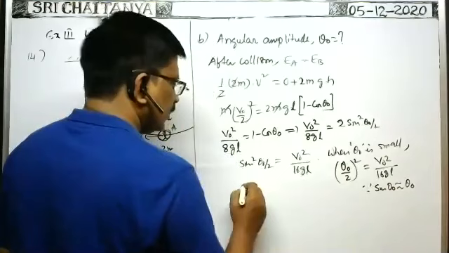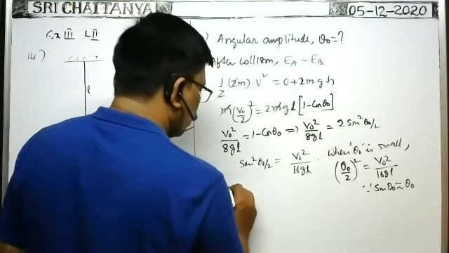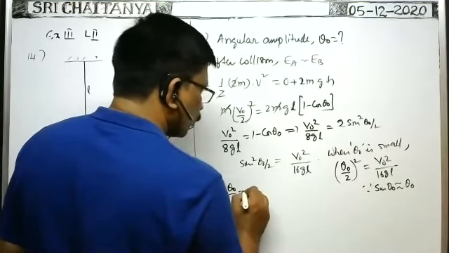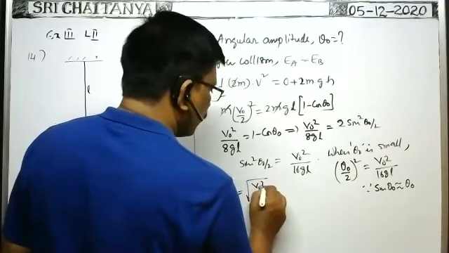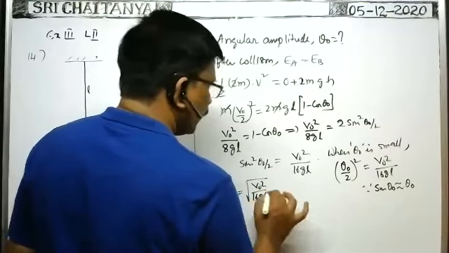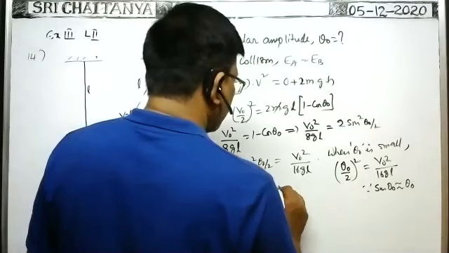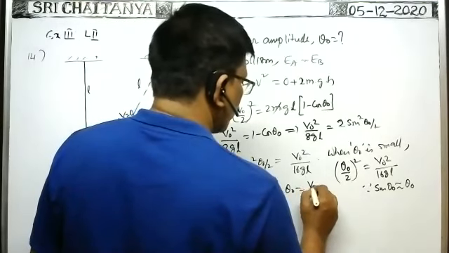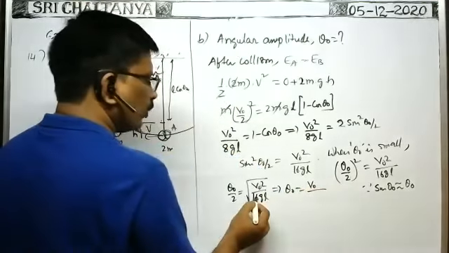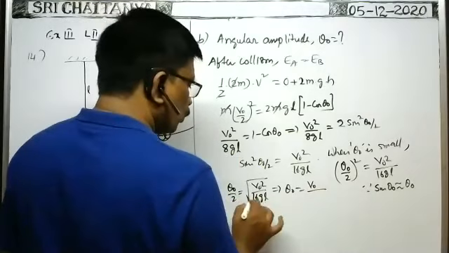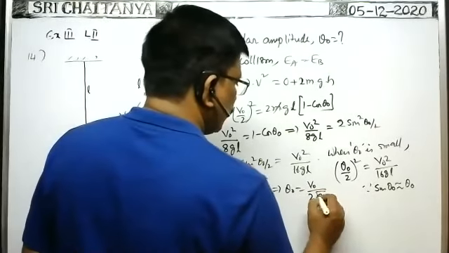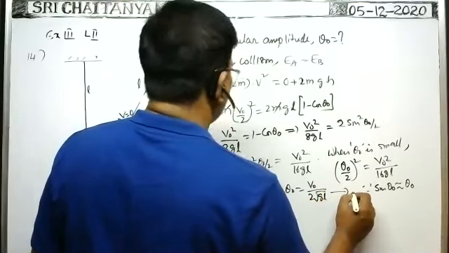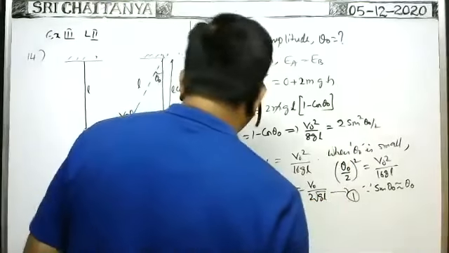So from that, theta naught by 2 is equal to the square root of V naught square by 16gL. This implies theta naught is equal to V naught by, 4 by 2 is 2, that means 2 into root gL, you will get. This is equation 1.